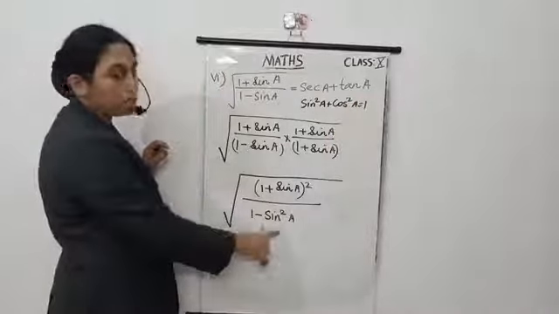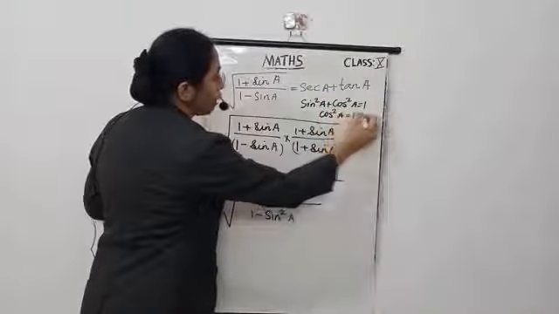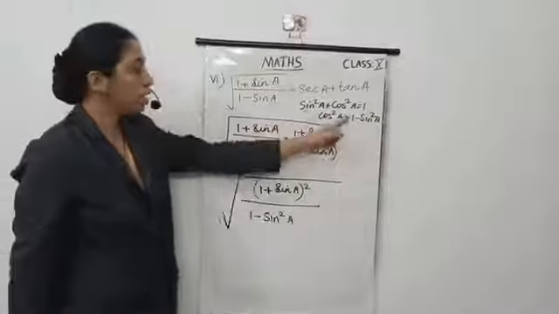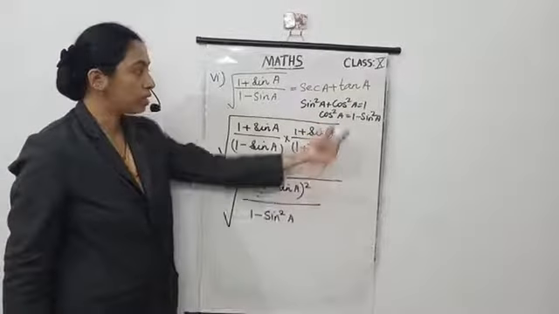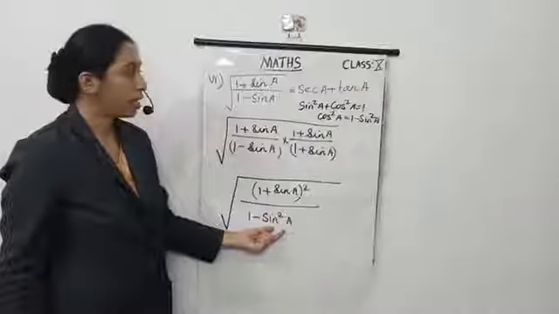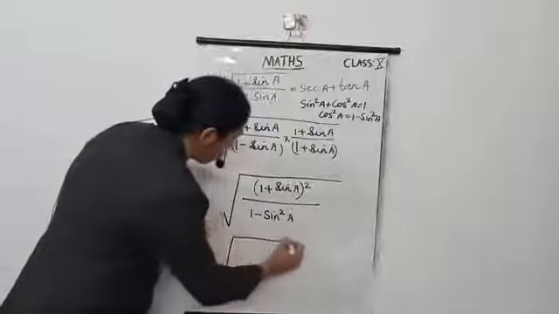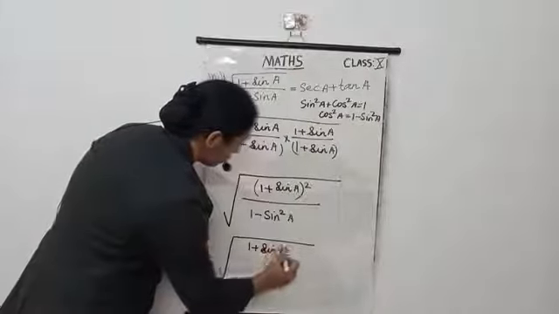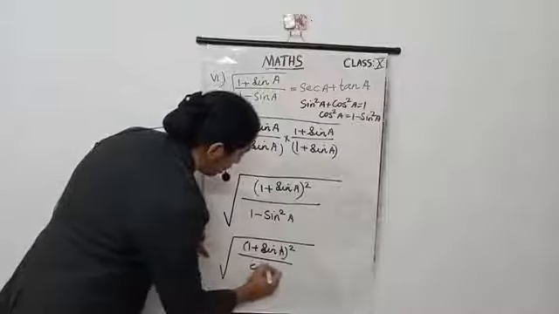Here 1 minus sin² A: we transpose to the right-hand side, we get 1 minus sin² A is cos² A. So replace this 1 minus sin² A with cos² A. So this is equal to root of (1 plus sin A) whole square by cos² A.